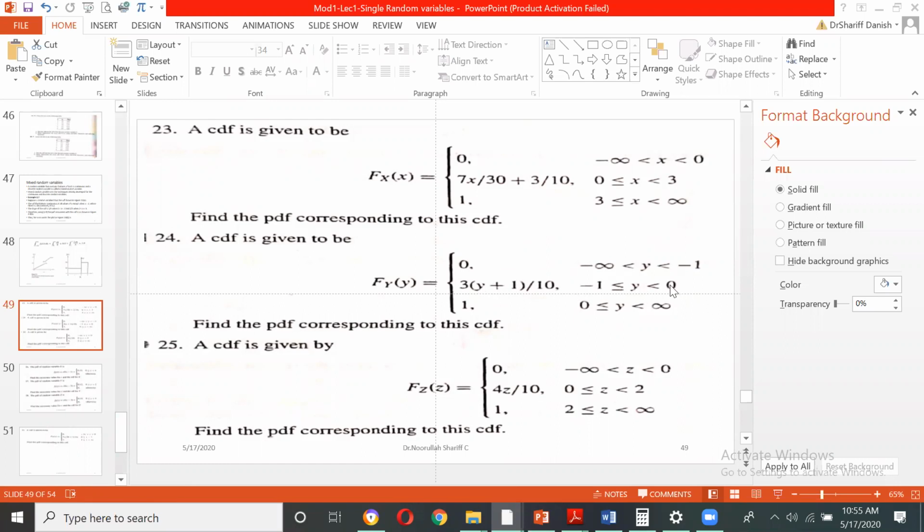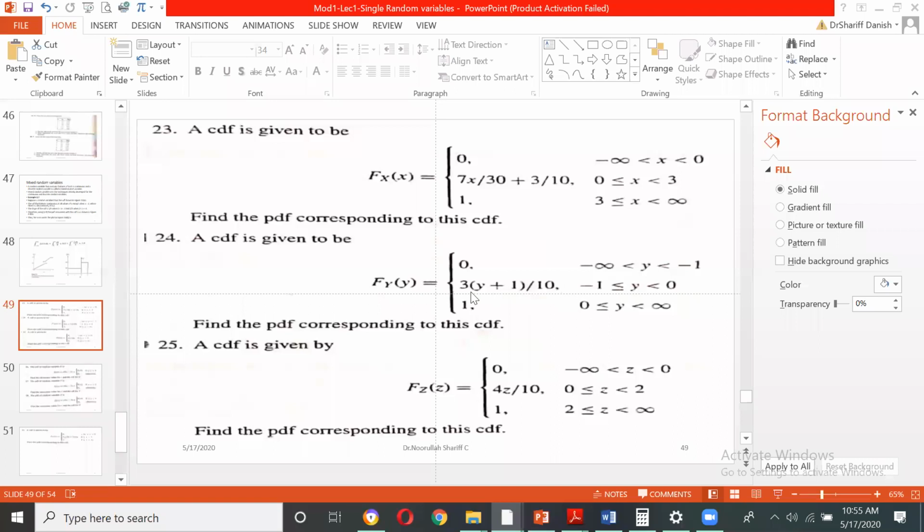So at minus 1, what is the value? It will be 0. At y equal to 0, it will be 3 by 10. So 3 by 10 will be the value of the intercept.